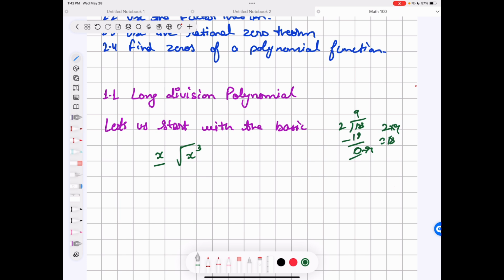If you know from Math 099, we had the operation of division, which is a to the power p divided by a to the power q is equal to a to the power p minus q.